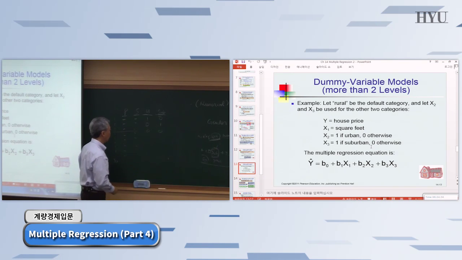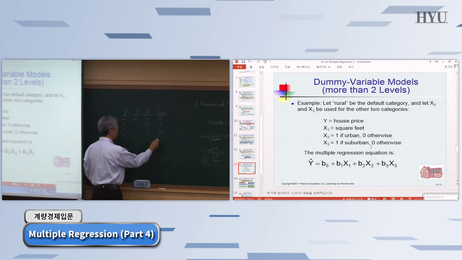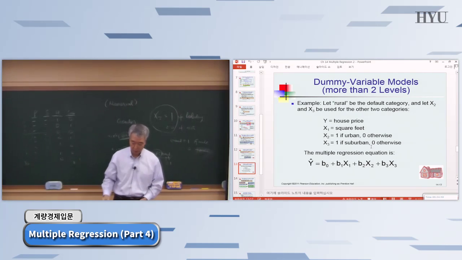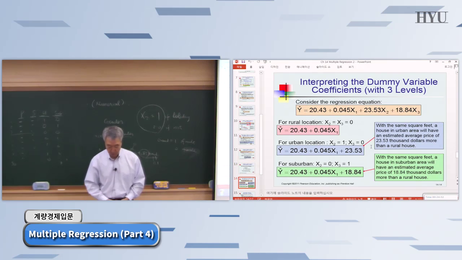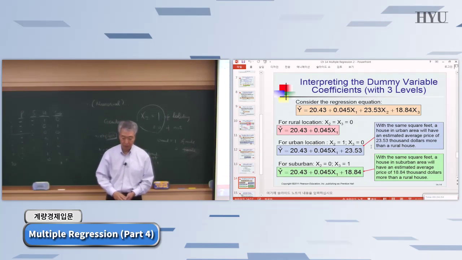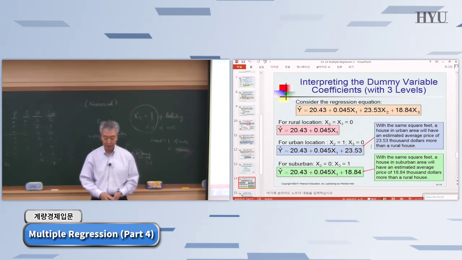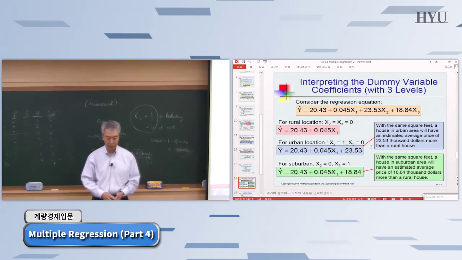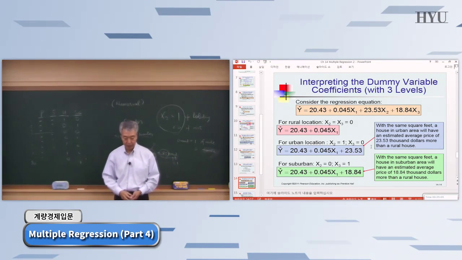So you assign the values that way, and you create these dummy variables, and then you just run the regression. The result will look like this. After running the regression, suppose you got this estimated equation: Y hat is 20.43 and so on.